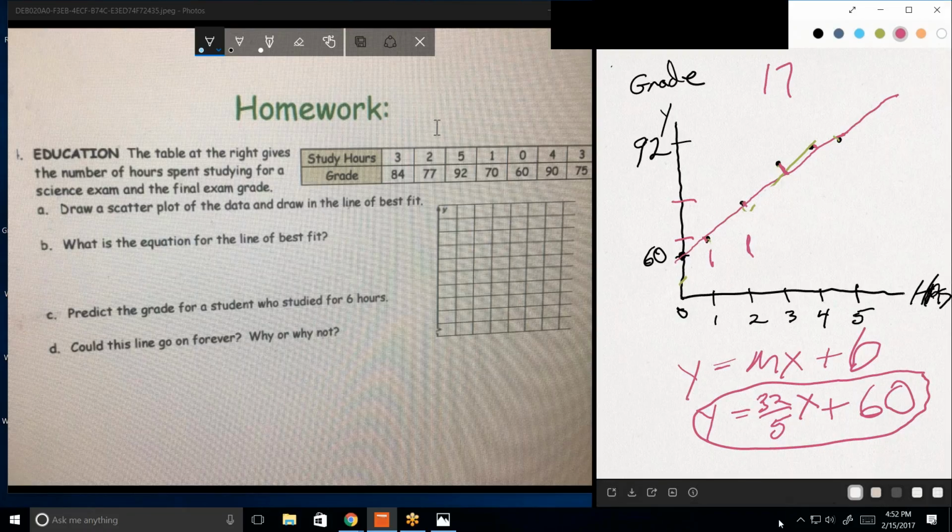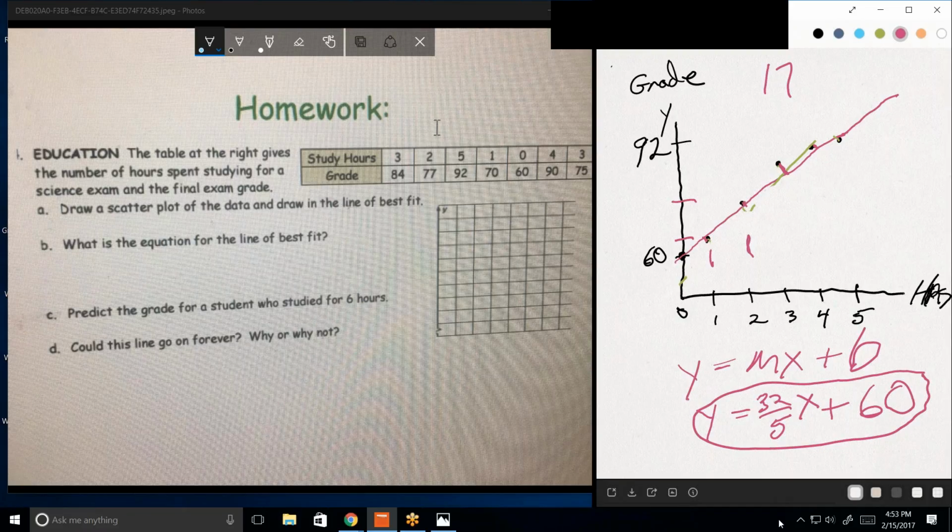Yeah. The point is that the greater the run, the more accurate your slope's going to be. I didn't want to choose 2 points that were right next to one another. I chose the 2 points that were furthest apart on the x-axis. And that's 0 hours and 5 hours. And so I took the rise between those 2 points.